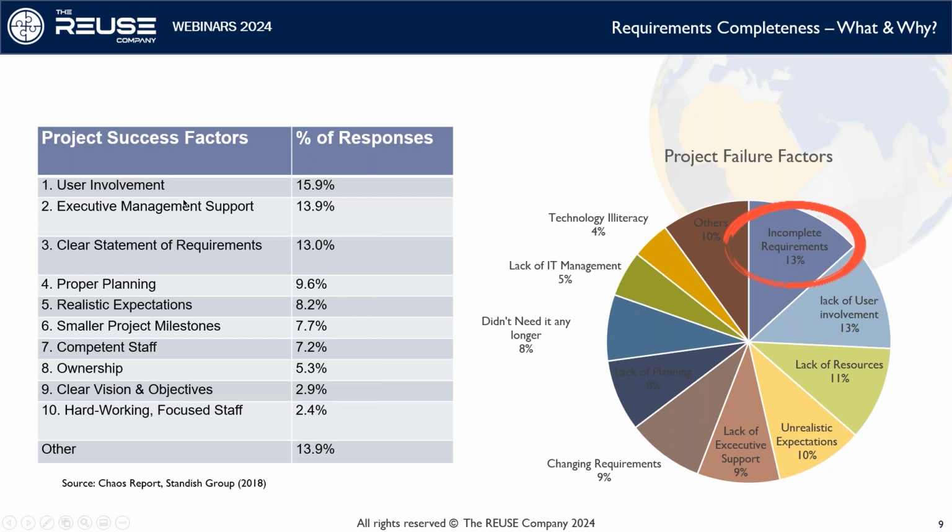One of them being that we don't involve the users, so we might have a partial understanding of what the needs for the system are. Same for the support of the management. So if we don't have the support of the management, we would also miss some components. And also the other reasons could be impacted by incompleteness.